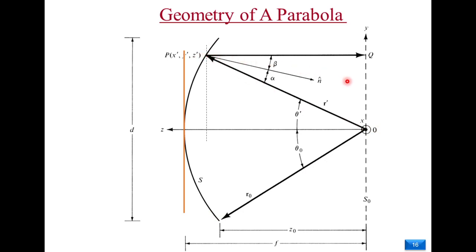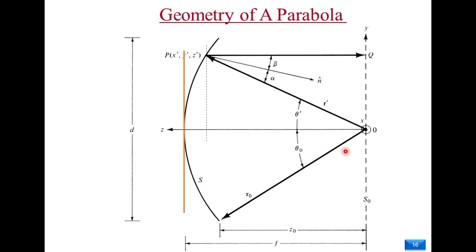The reflection here follows geometric optics, so we have the normal to the surface. Depending on the incident angle alpha, the reflected angle beta will be equal, the same value, from Snell's law. And the idea is that we choose the surface S such that at any point the reflected signal is parallel to the z-axis. So we have parallel rays going out of this reflector, and this way we can have a uniform illumination over a very large area, so that we can have a smaller and smaller beam width. So this is the geometry here.